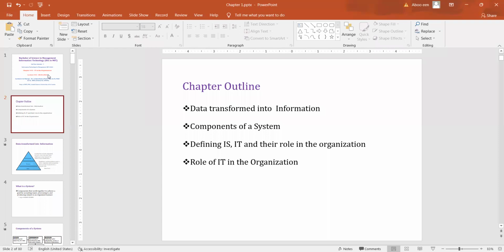IT is the use of software and hardware, some other devices, networking, social devices also. Great. Information technology is a process of transferring data into information.